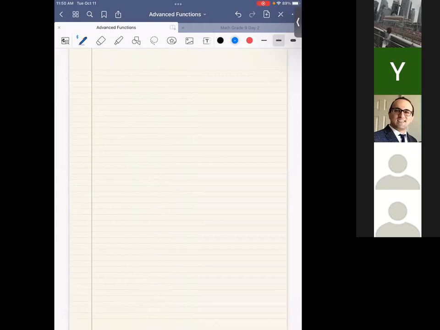And let me maybe just do question 7. Question 7 is a question about exponential decay, or you can say exponential growth in general, but here we are dealing with exponential decay.